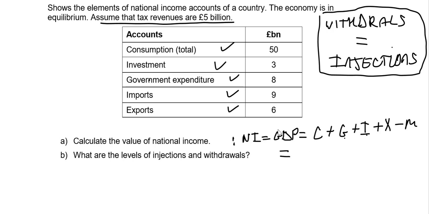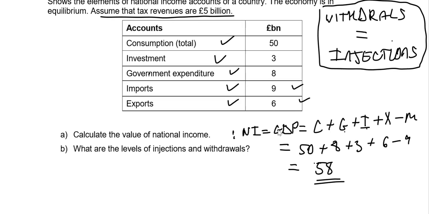We have consumption, which is 50, plus government expenditure, 8, plus private investment, 3, plus exports, 6, minus imports, 9. If you sum up, you come up to 58. Right, so we will add them up. That must give us exactly 58. Sorry, I got distracted a bit.